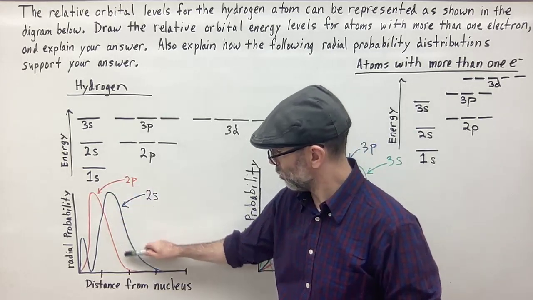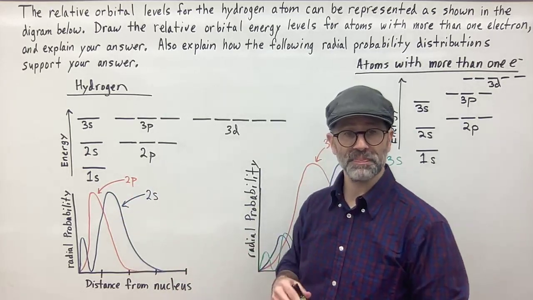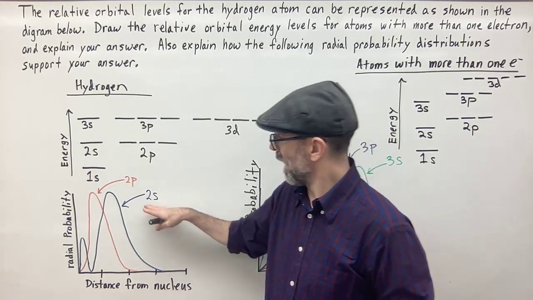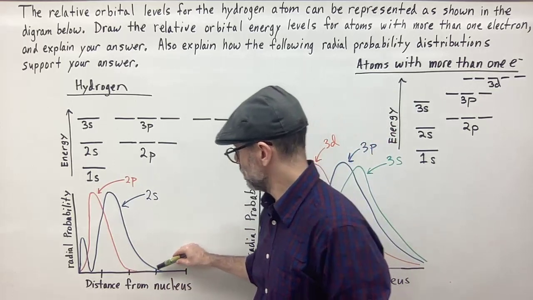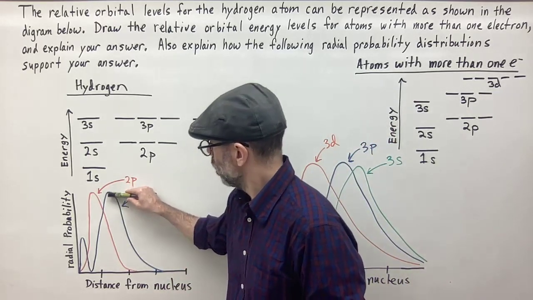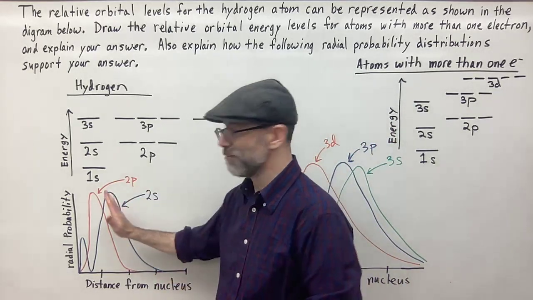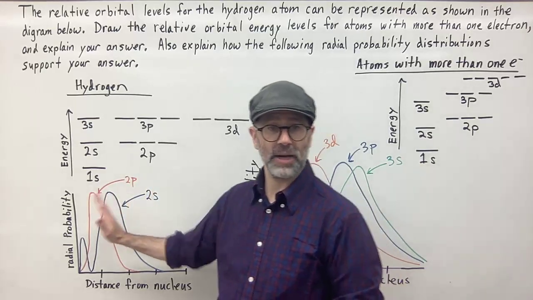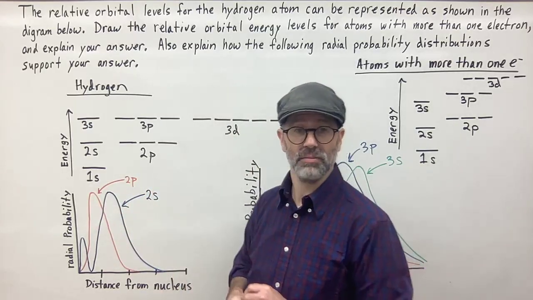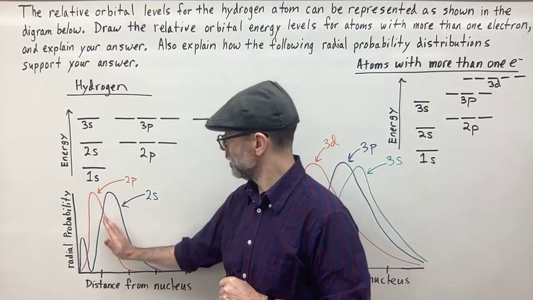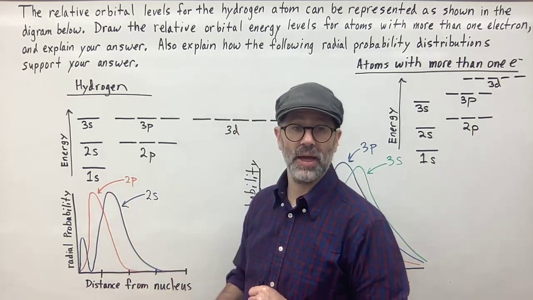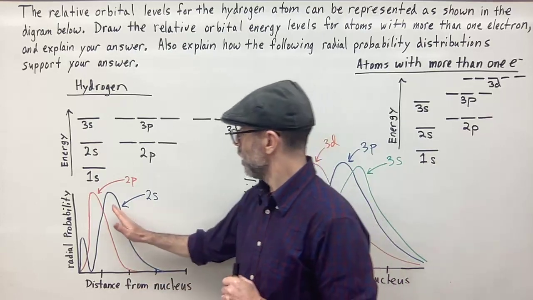So the probability goes down as you get farther away. Okay. Now look at the 2s. Notice the 2s has a large probability at a farther distance, right? So you would think that, all things being equal, the 2s would be farther away than the 2p.